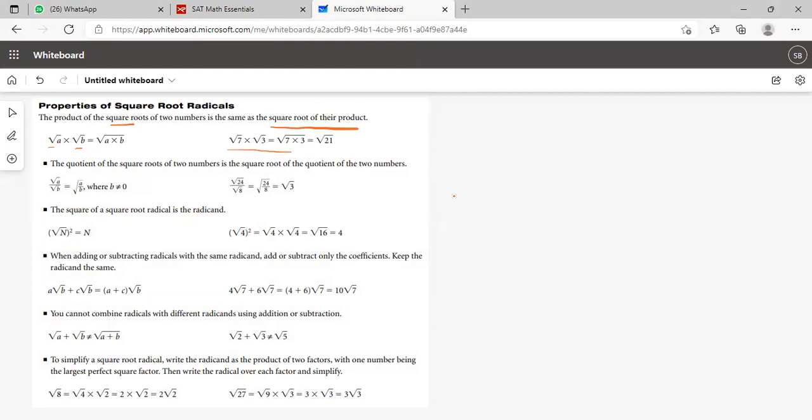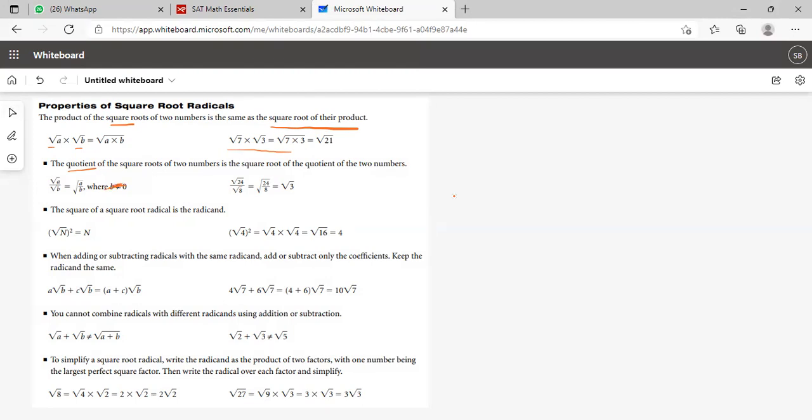Okay, the quotient of the square roots of two numbers is the square root of the quotient of the two numbers. Okay, by quotient, they mean when we are dividing two square roots. It's just like multiplication. Under root a divided by under root b is basically under root a by b. And obviously, b is not 0.